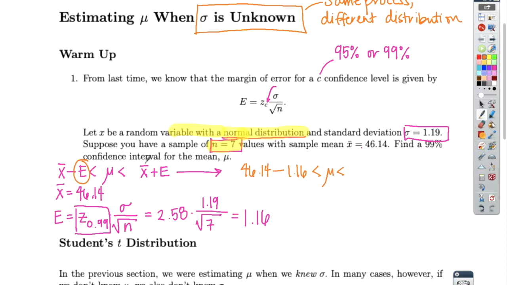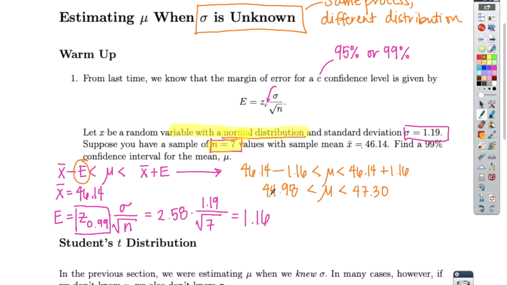Is less than x bar, which is 46.14 plus that error again, 1.16. And so I'll just clean this up. 46.14 minus 1.16 is 44.98. So my interval is going to look like that. And then on the other side, 46.14 plus 1.16 is 47.30.